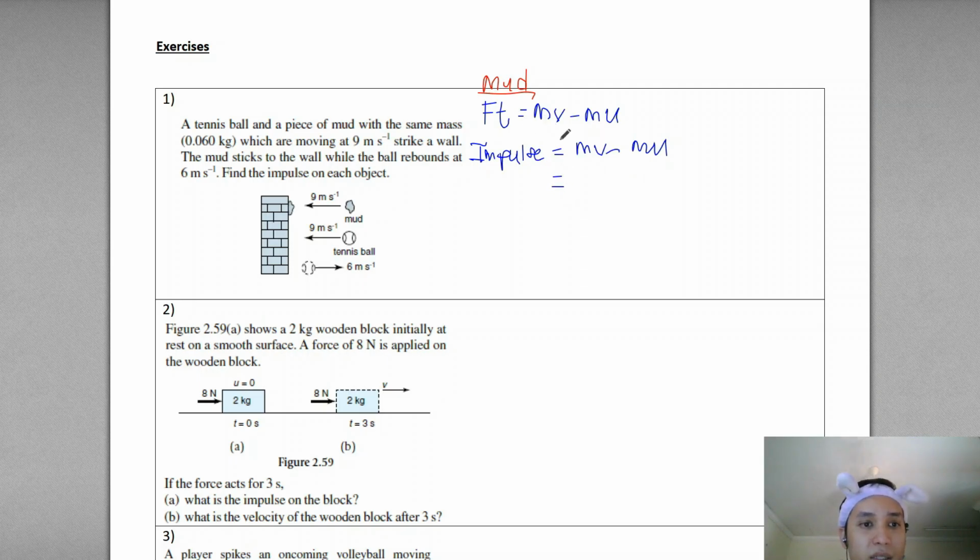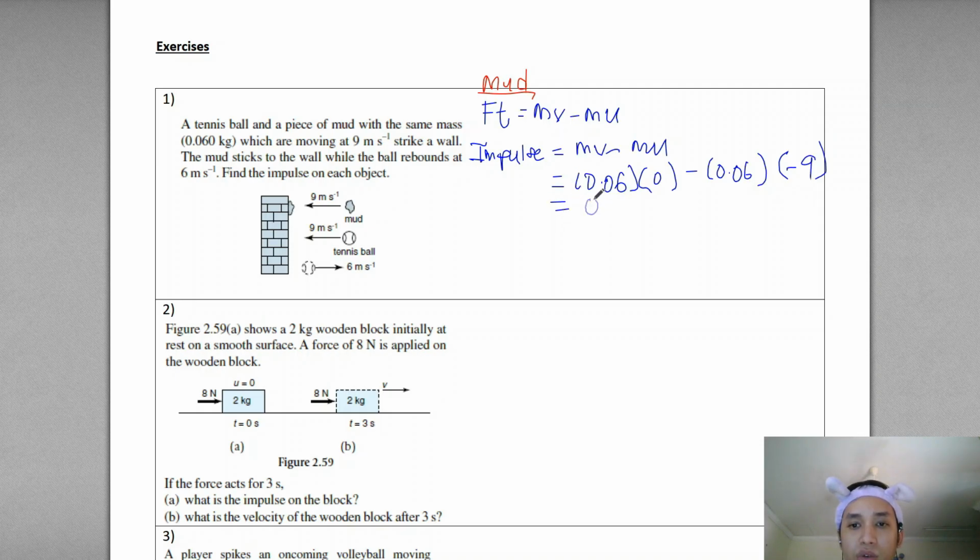So for the mud, the mass is 0.06 kg, the final velocity is 0, and then minus 0.06 times the initial velocity. Remember for velocity, if you are moving to the left side, you need to put the negative.